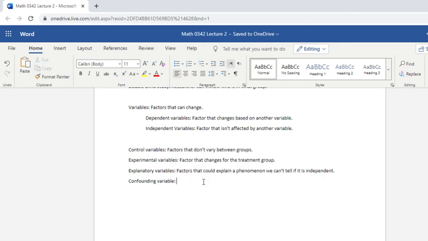So a confounding variable is an extra variable not accounted for that can suggest incorrect correlation.